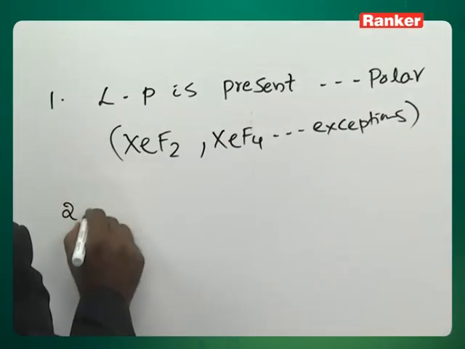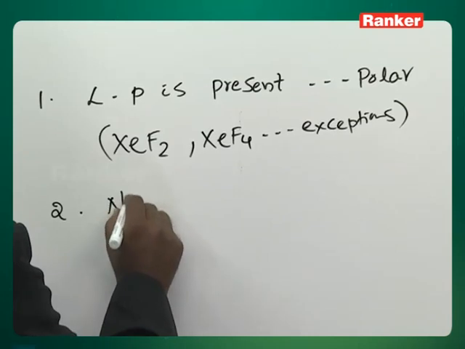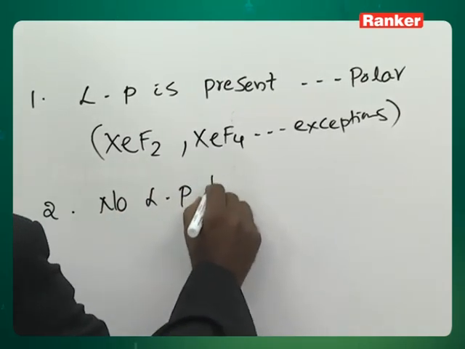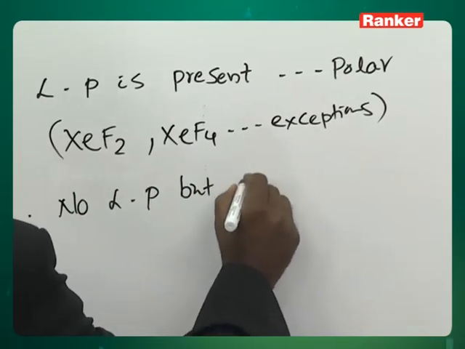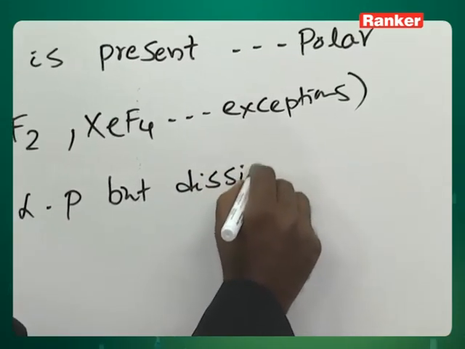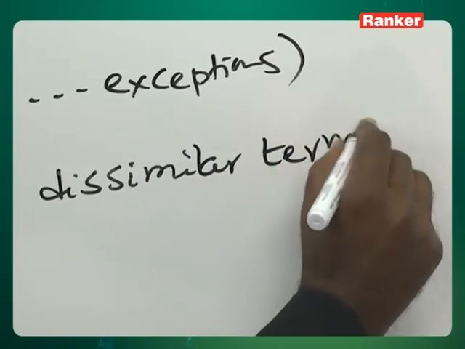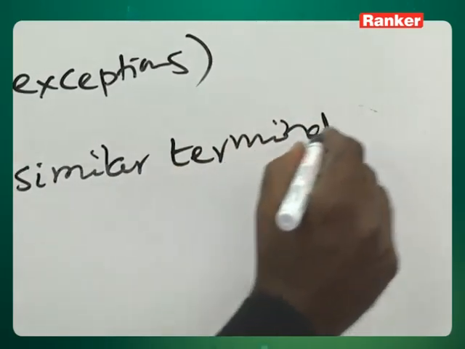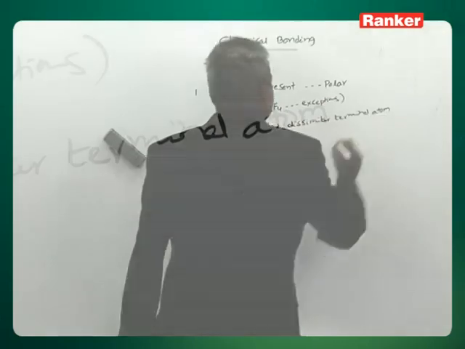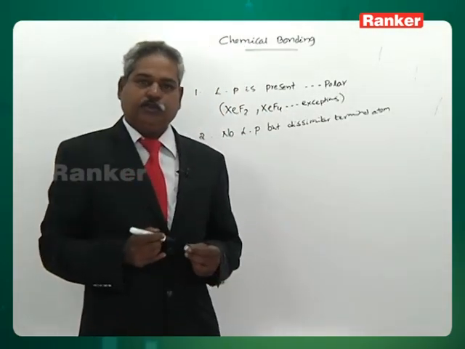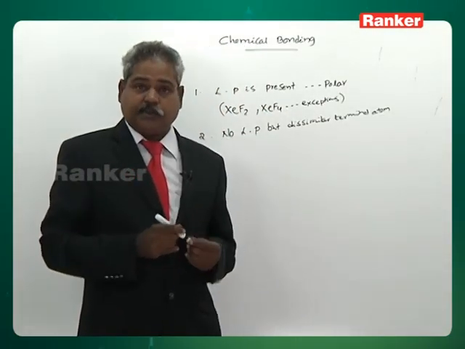Case 2: no lone pair, but dissimilar terminal surrounding atoms. SO3, who are the terminal atoms? 3 oxygens. All 3 are oxygens, they are similar.